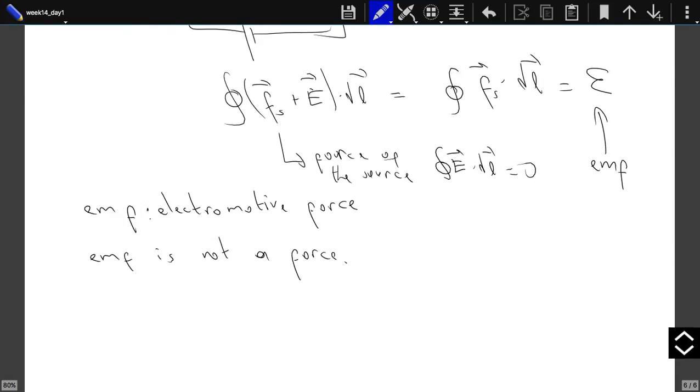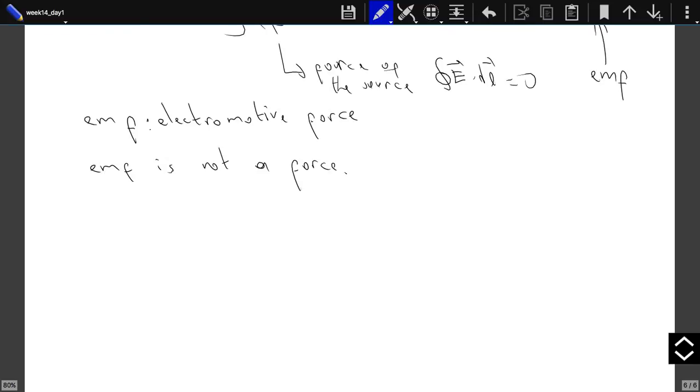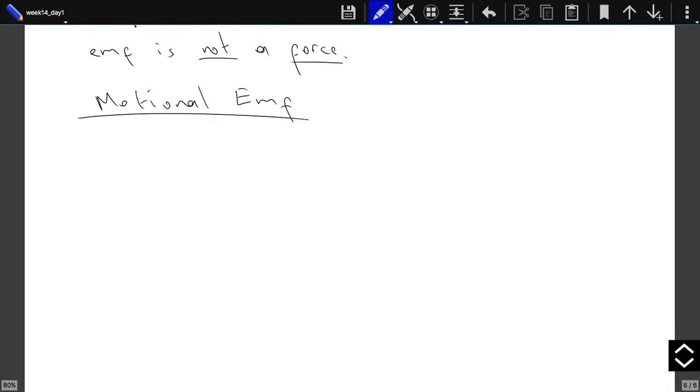Something that will be of more interest for us is what we call the motional EMF. Let's imagine a region of space where we have some magnetic field.